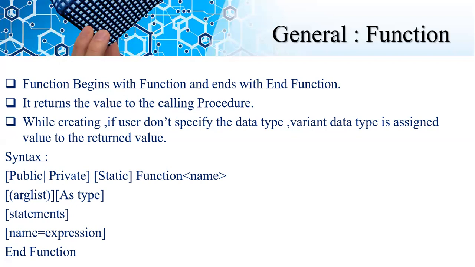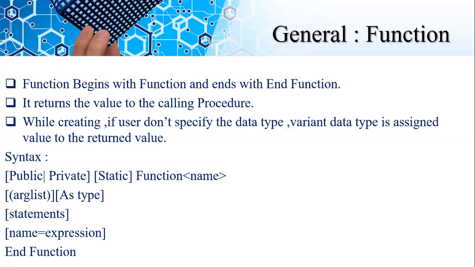So if you don't specify any data type, the return type is Variant by default.